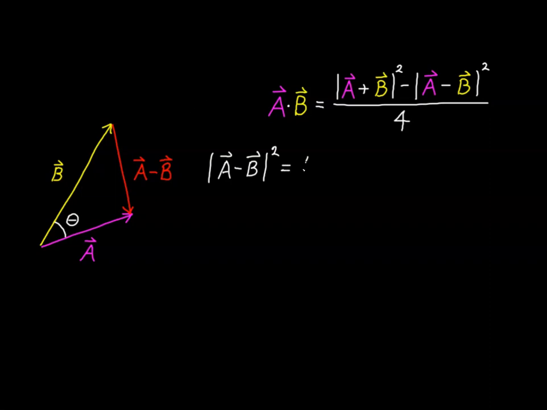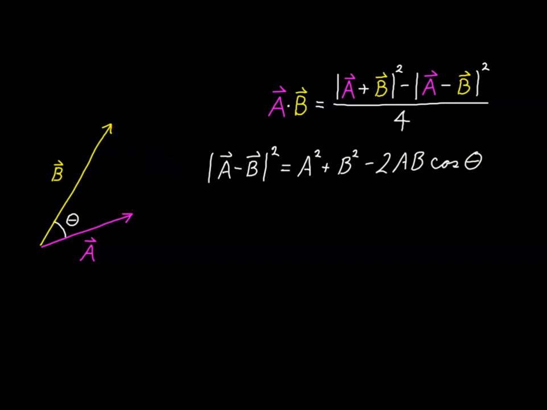And again, I'll be lazy and just represent the magnitude with the letter without the vector symbol. I should put these in double bars as well, but I'm going to be lazy here. So now we need to subtract twice the product of the adjacent sides times the cosine of the angle theta. And that's the law of cosines that tells us the magnitude of a minus b.